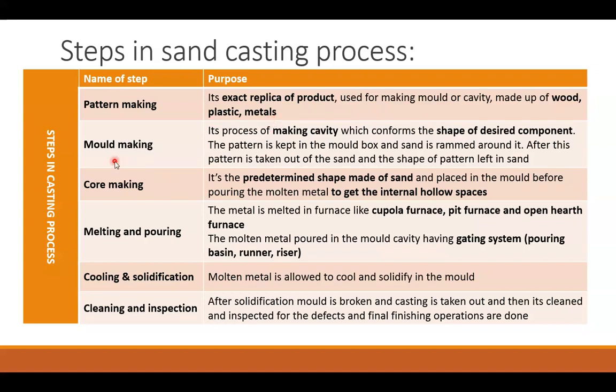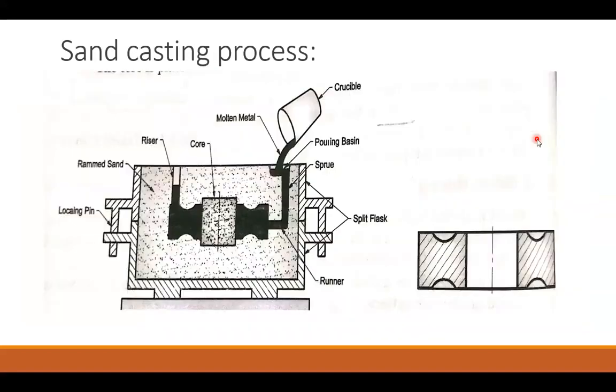The second step in the sand casting process is mold making. It is the process of making a cavity which conforms to the shape of the desired component. As we have seen in the previous slide, here it is. This is the mold box and the black shade is the cavity.